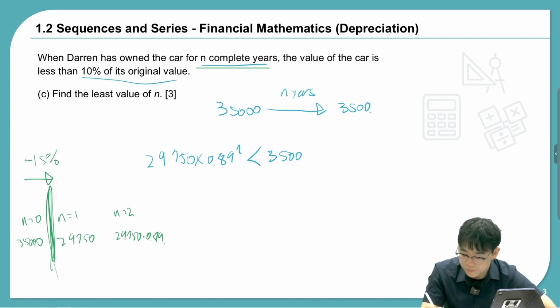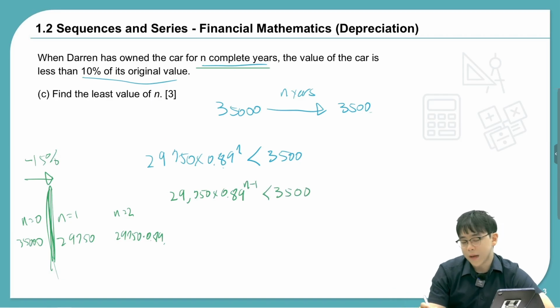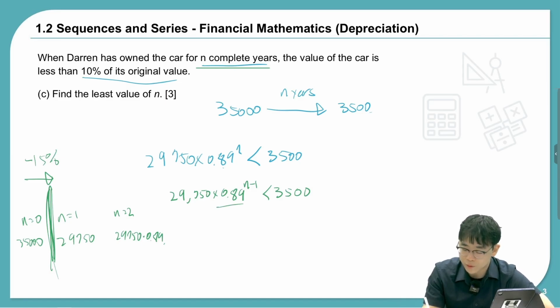So you would write 29,750 times 0.89 to the power of n minus 1 and set that less than 3,500. That way, when n equals 2, the depreciation has happened only once, and when n equals 1, the value is just 29,750.